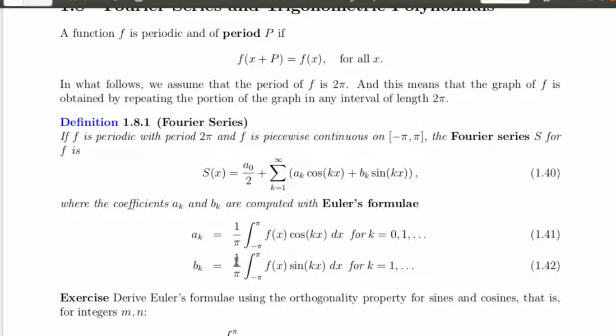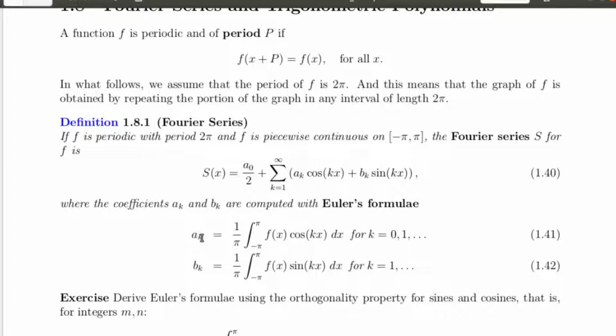And b_k is equal to 1 by pi times the integral from negative pi to pi of f of x sine kx dx. This time k runs from 1, 2, 3 up to infinity. So the remark here is that b0 does not exist. The only subscript zero that exists is for a.